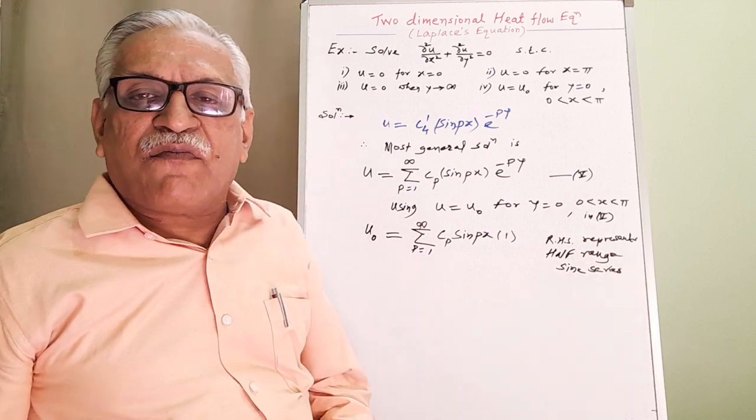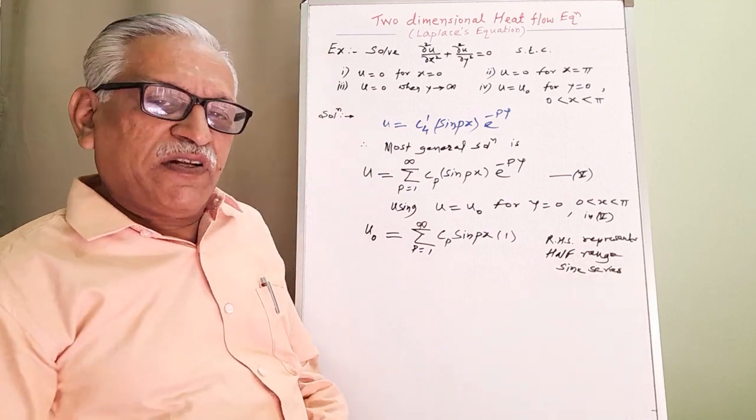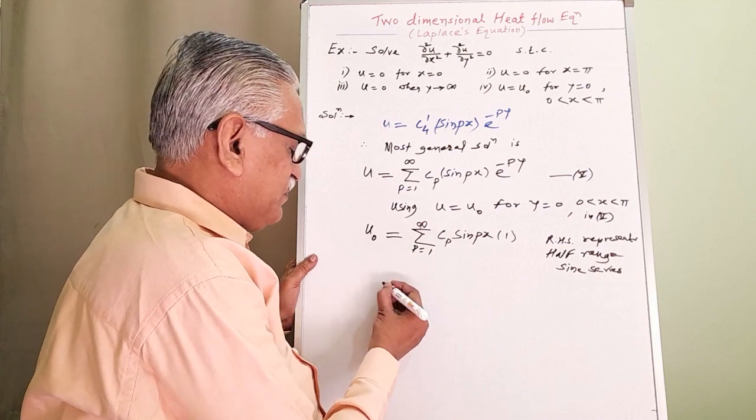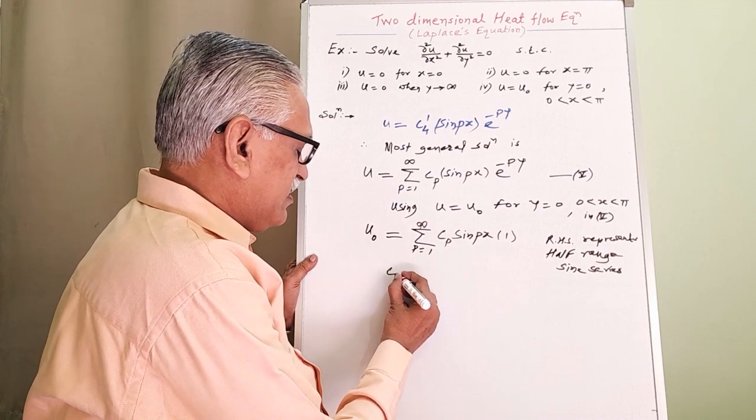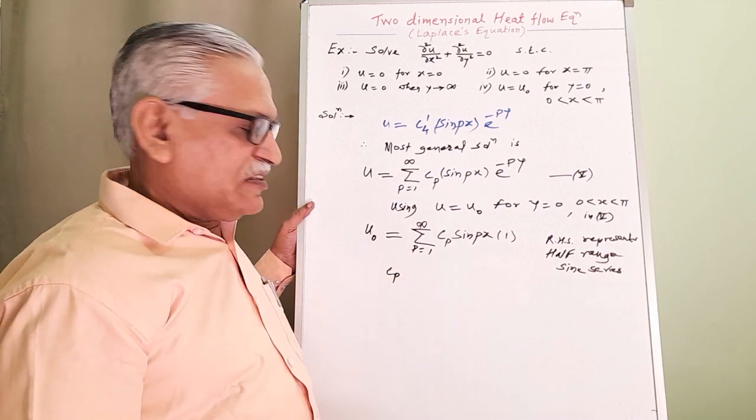And as it represents half range sine series, as per that technique, this constant Cp is nothing but Bn in the half range sine series.